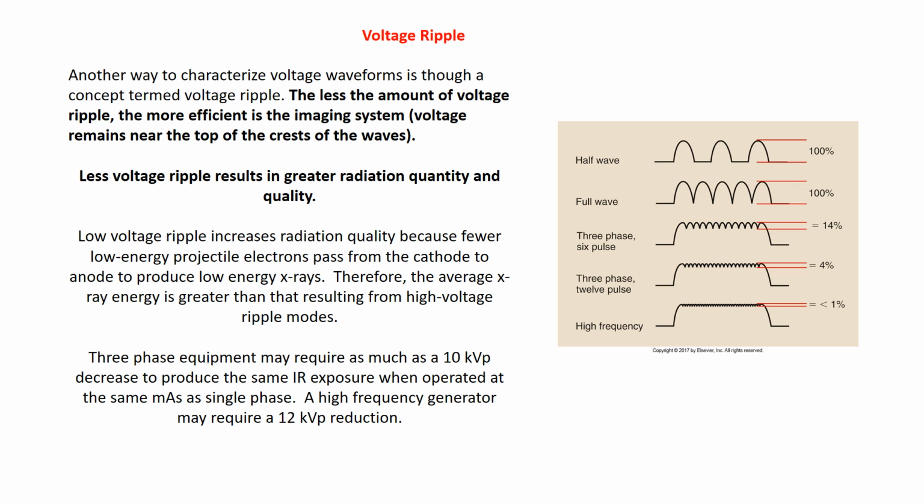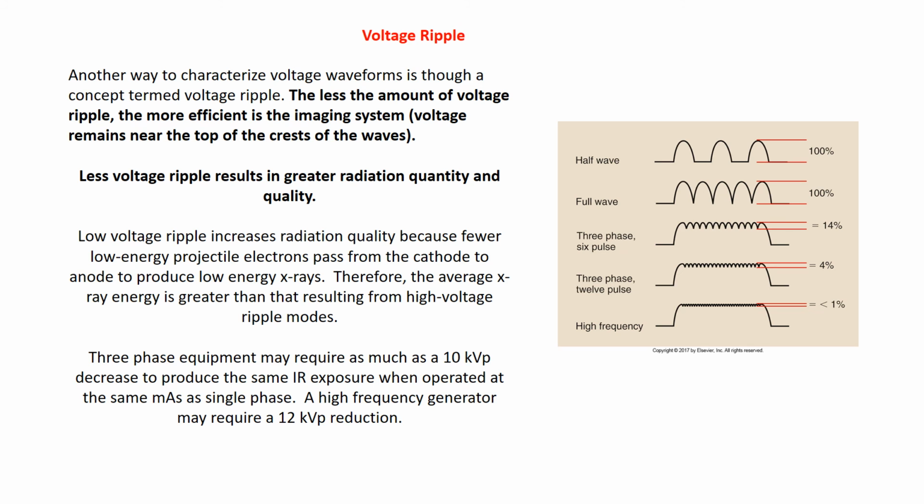The less the amount of voltage ripple, the more efficient is the imaging system. This is important. The less the amount of voltage ripple, the more efficient or better is the imaging system, because the voltage is remaining near the top of the crest of the waves like I showed you on the previous slide.